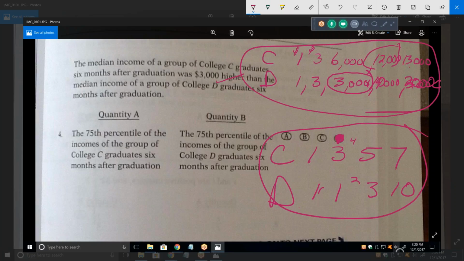I'm trying to do it a little more accurately, because if I can do it with 4 numbers, I know the 75th percentile is that number and that number. Whereas when I use 5 numbers, intuitively I know that if this is 100,000 and 200,000, the 75th percentile is going to be bigger in D.